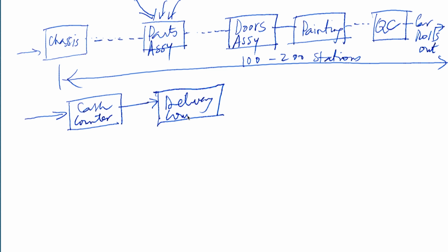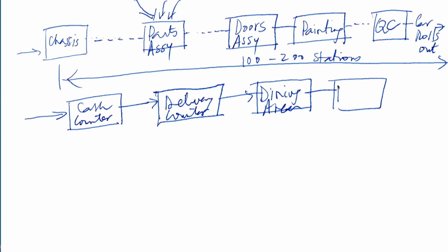If we are going to eat in the fast food joint itself, we pick up the dishes, and then there is a dining area where we sit and have our snacks, and then we dispose and depart from the service system.